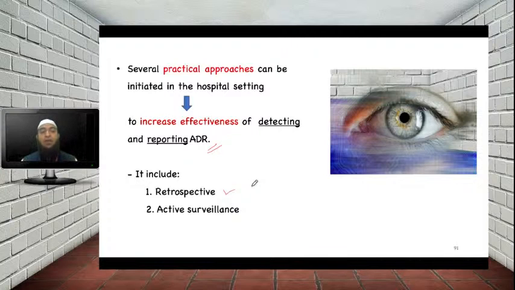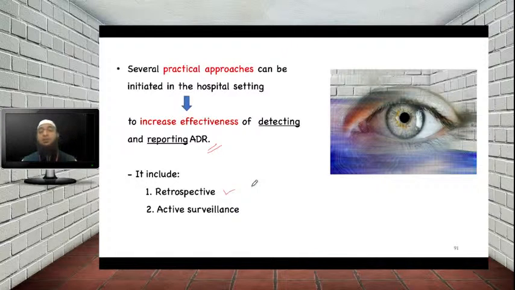Whenever any medicine has a label with an inverted triangle, that indicates that it is a new medicine under post marketing surveillance, and those medicines must be strictly supervised by the physician as well as the pharmacist.